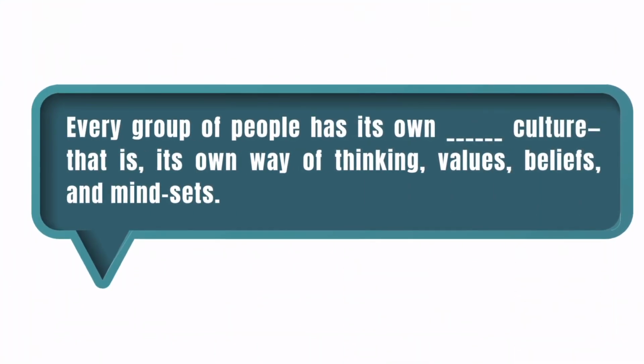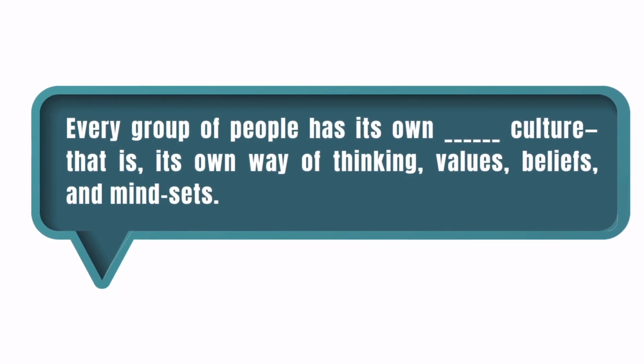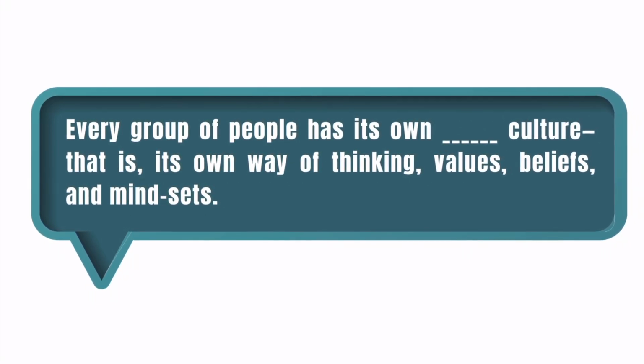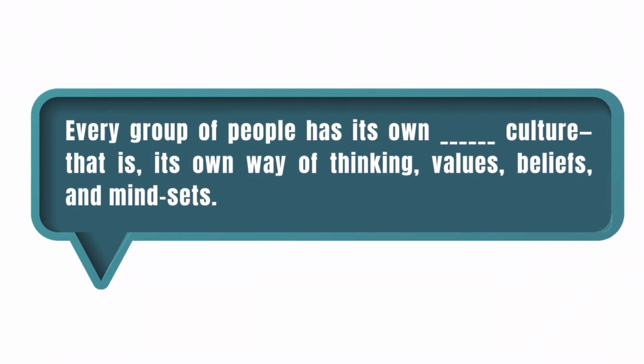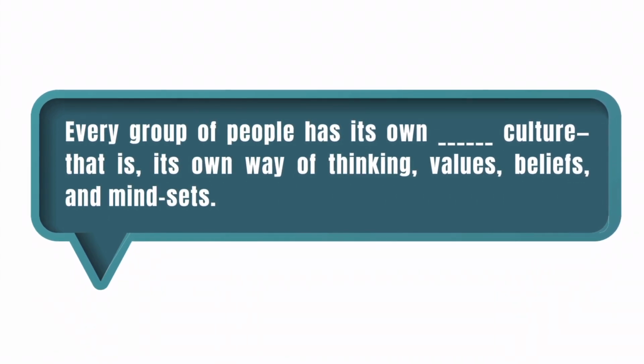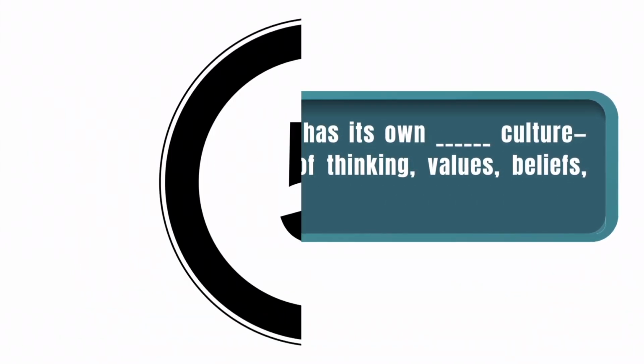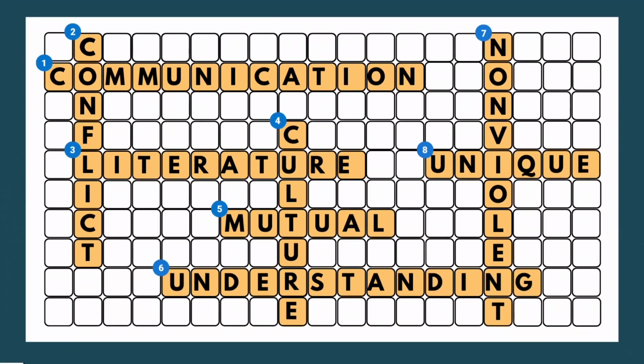Every group of people has its own blank culture, that is, its own way of thinking, values, beliefs, and mindsets. The correct answer for the last number is unique. Who among you got all the correct answers? Very good!